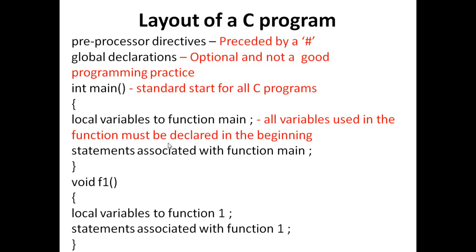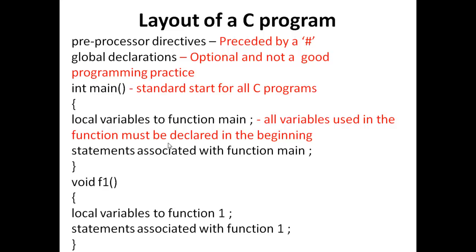Then we have the main function along with the return type, where it is int. Most of our programs will have void, because we don't have any return. And the local variables we need to declare after we begin with the main function. All the variables used in this function must be declared in the beginning. That's a good practice.